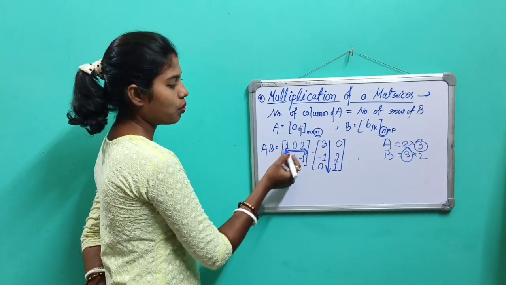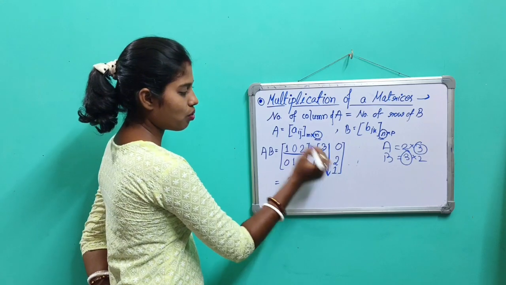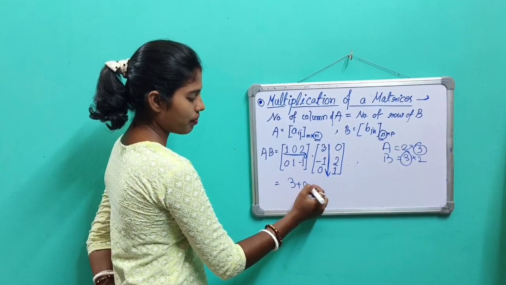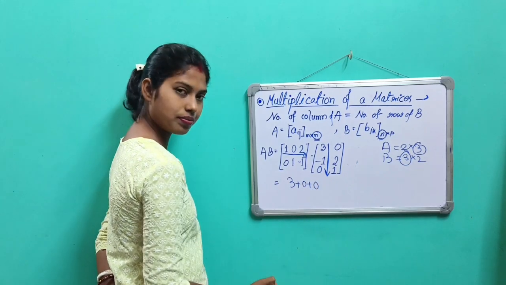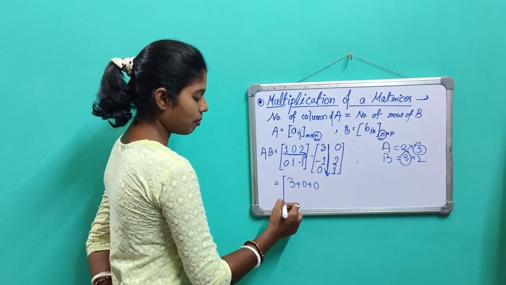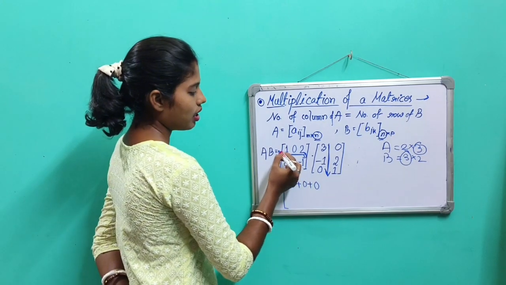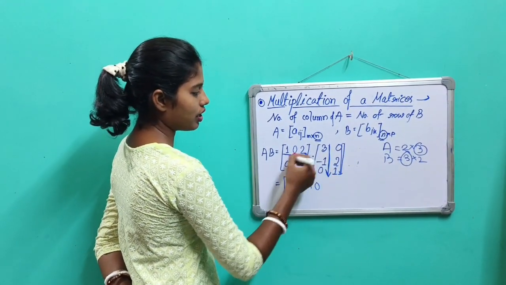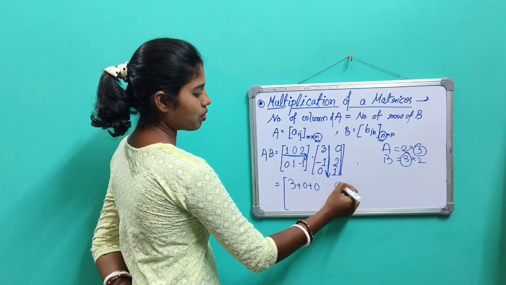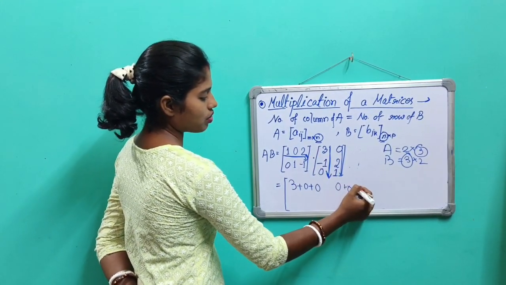Let's do that. 1 into 3, 3, plus 0 into minus 1, 0, plus 2 into 0, that is 0. This is the first element of the new matrix. The next element is this row into this column. Let's do that. 1 into 0 is 0, 0 into 2 is 0, 2 into 1 is 2.